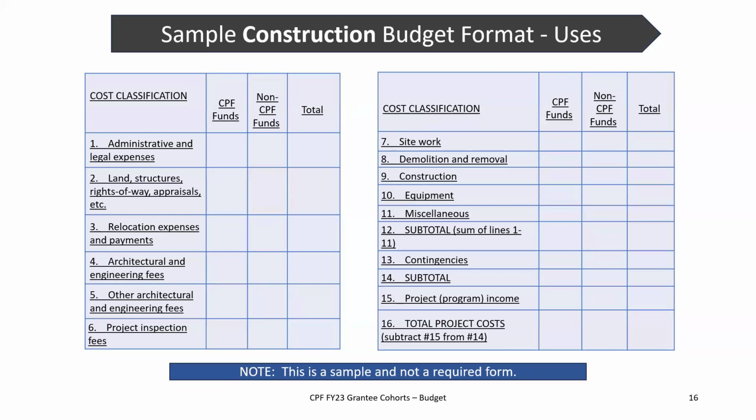Construction would be our actual construction, what that's going to cost us. Equipment. For the federal rules, equipment is anything that is going to have an effective useful life of more than a year and costs more than $5,000. If your agency or local government has a more restrictive amount, then you would use that.